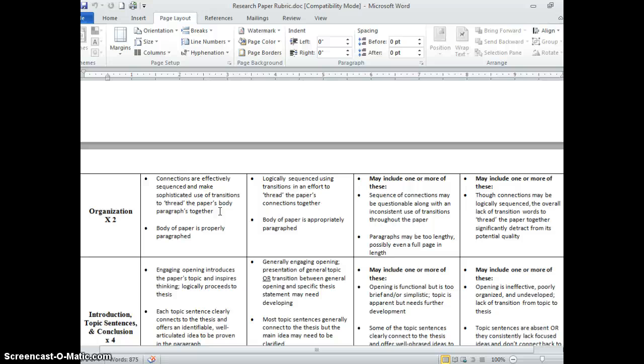You can check that To Kill a Mockingbird paper for samples of that. And again, we want to have hopefully proper paragraphing, okay, rather than these full page paragraphs.